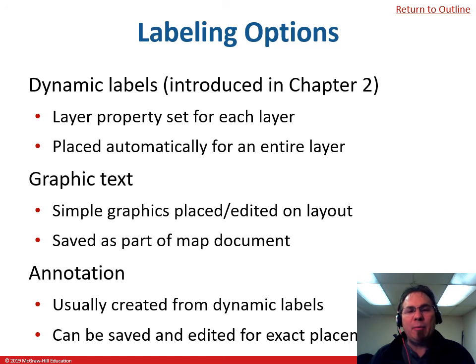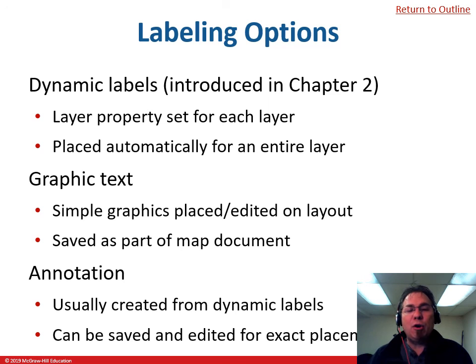There's dynamic labels, which we talked about in chapter 2. That's basically just allowing the program to set the labels for you and just let them go wherever they may. You can use graphic text, which is where you manually add a label here or add a label there, and those are perfectly fine depending on how many you need. If you don't have a lot of labels, graphic text is no big deal.